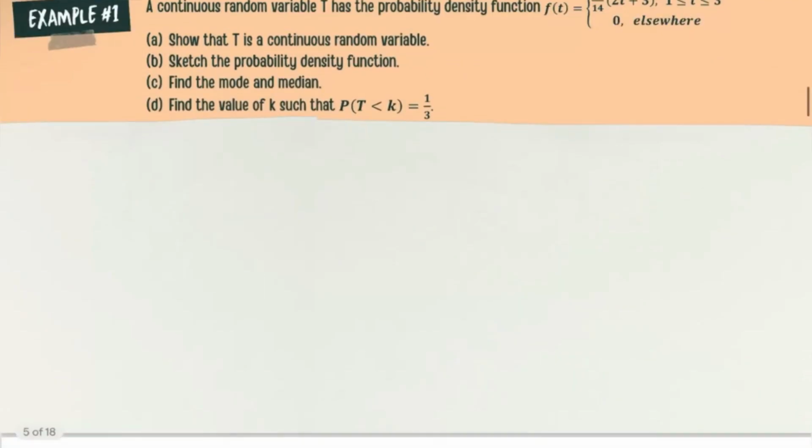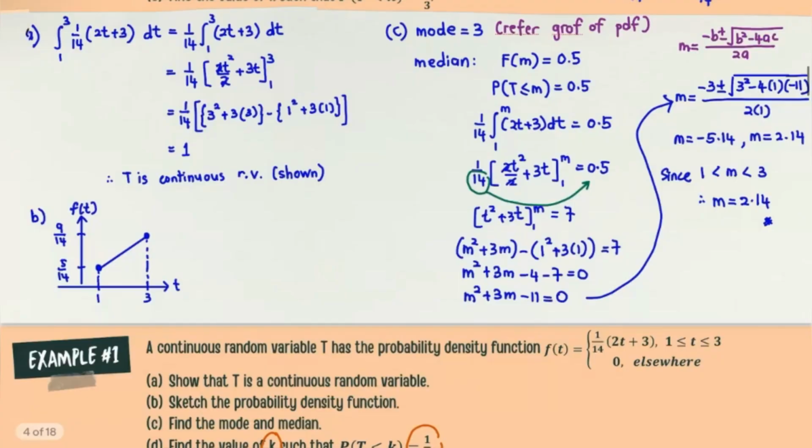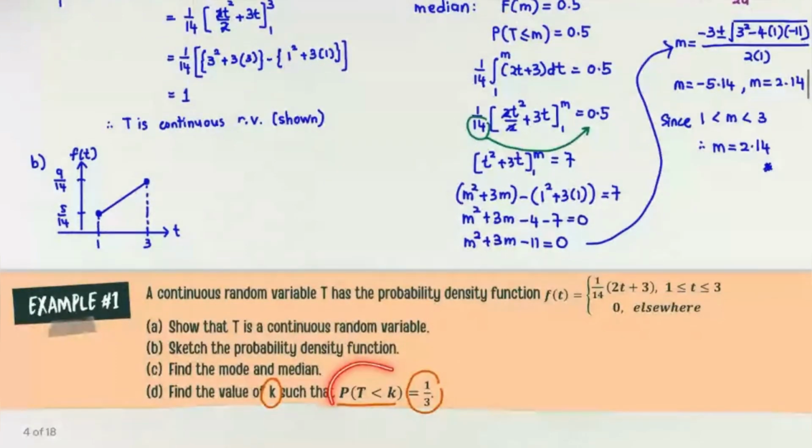So for question D, find the value of K such that the probability is equals to 1 over 3. So this is actually the same as you finding M. Dapat tak? Lebih kurang sama je. Less than K, less than M, tapi kat sini 0.5, dekat sini 1 over 3. So actually we are going to use the same step from median.